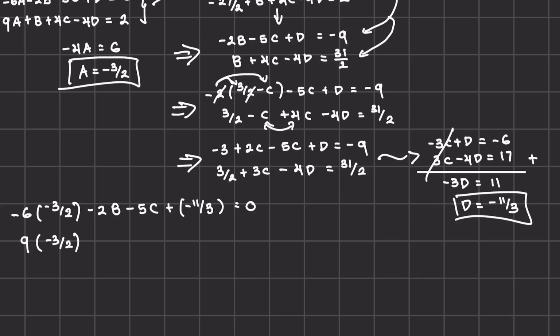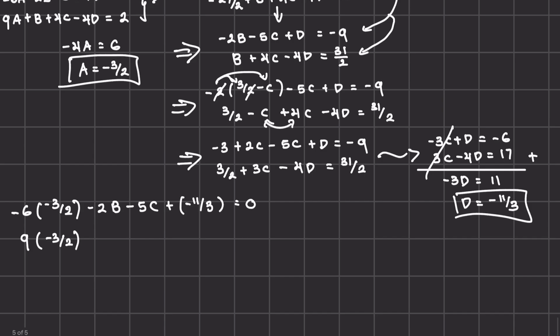And then we have plus B plus 4C minus 4D. And our D is just -4 times -11/3 equals 0.